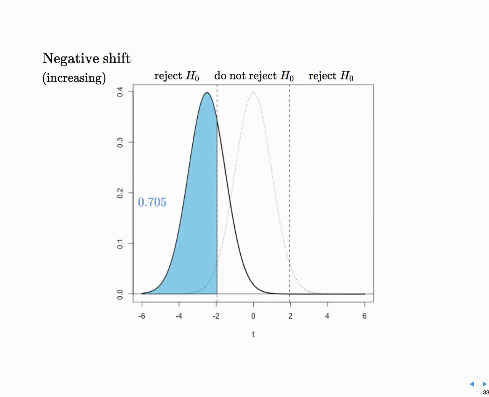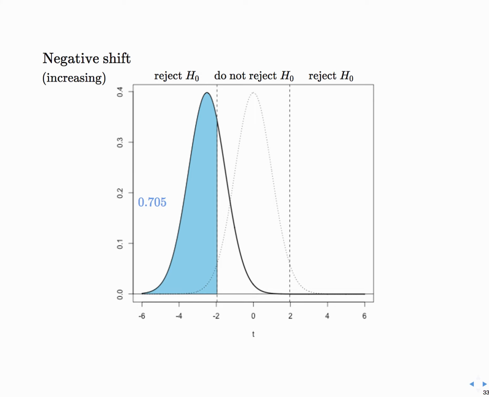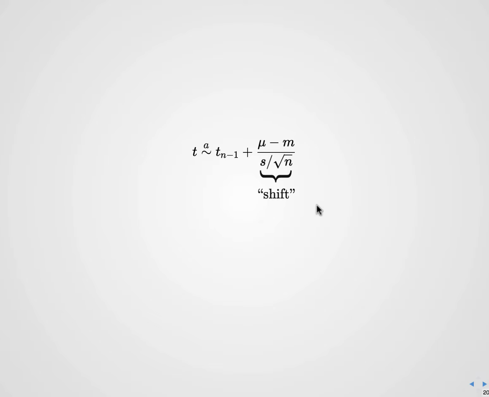As we increase the size of the shift in a negative direction, we increase the probability of rejecting the null hypothesis in the lower tail of the distribution. And if we come back to this equation, all that's different in that sequence of pictures is that mu is now less than m, so this is a minus sign for the shift.